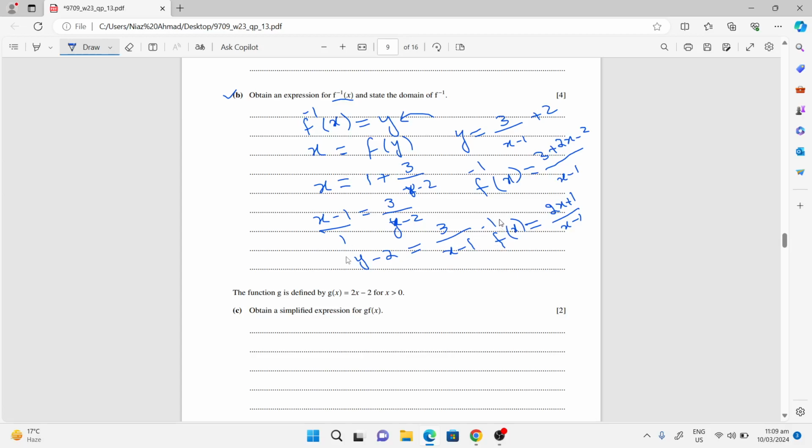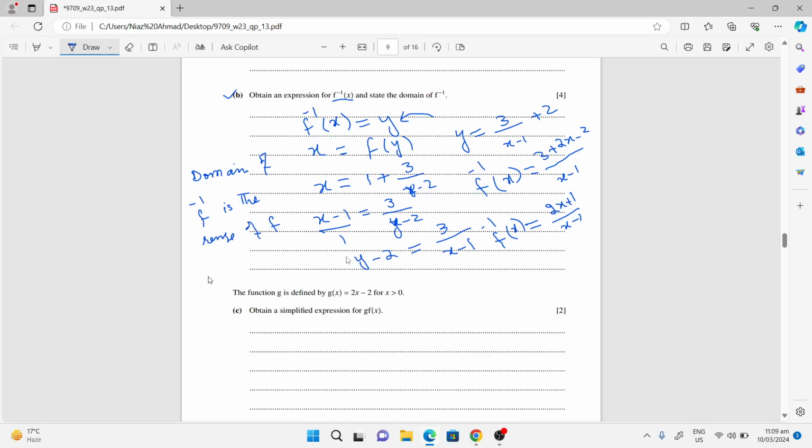So the domain of f inverse is the range. Look, write this statement over here. We are actually going to find the domain of the inverse as well. The domain of f inverse equals the range of f.